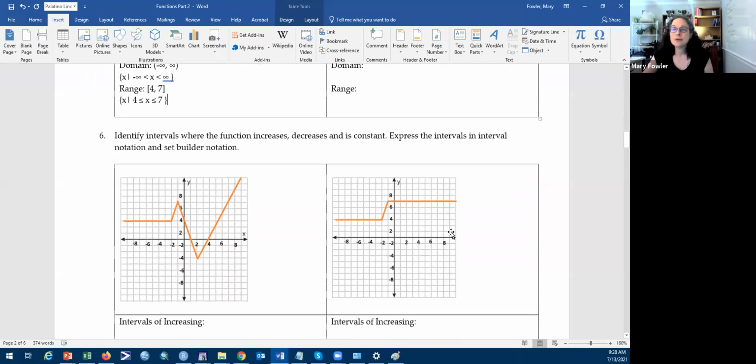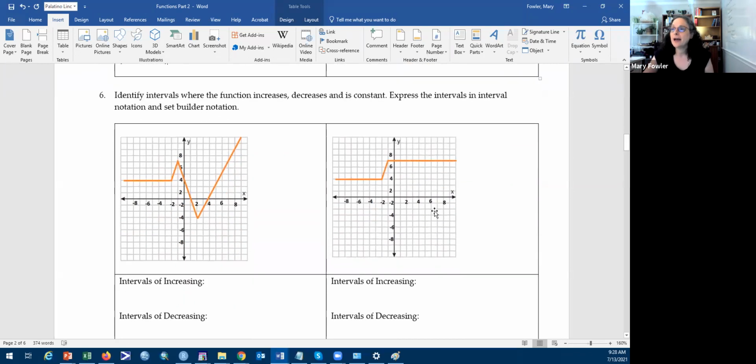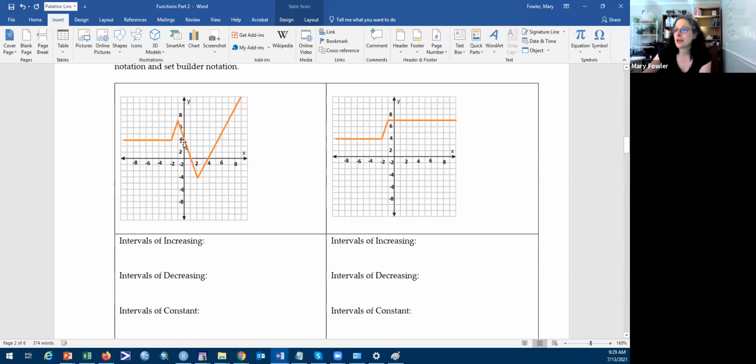And then we're going to come down here and look at intervals where the function increases, decreases, or is constant. All right, so let's look at this graph on the left. We're asked to find intervals where it's increasing, decreasing, and constant.